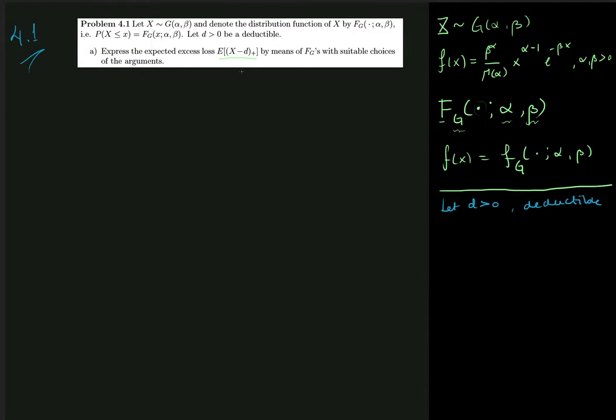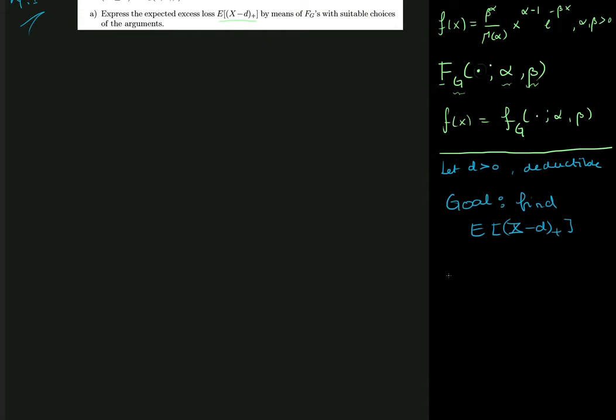So the goal is to find the expected excess loss, just given as x minus d plus. Let's try to understand this notation, x minus d plus. If we have a normal little x, the way you should understand this is that if x is smaller than d, then this is just equal to 0.